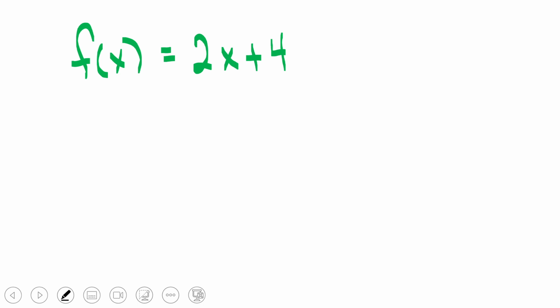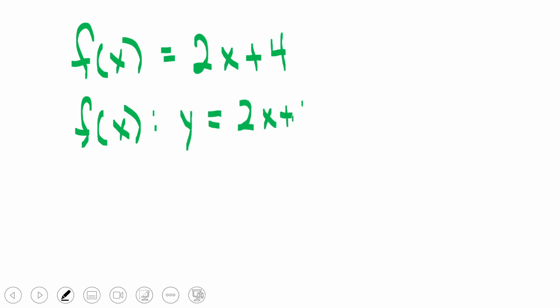So we rename f of x as y equals 2x plus 4, because when we put in a value for x, it yields a y. We're essentially renaming the function f of x as y for our purposes today.